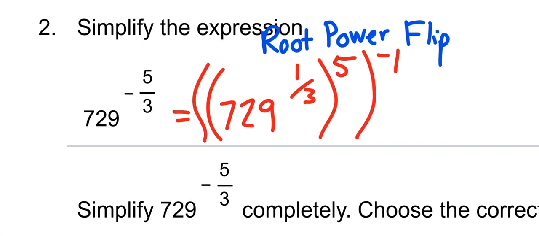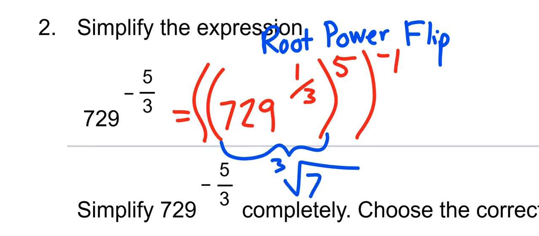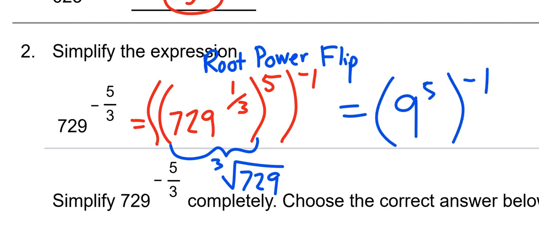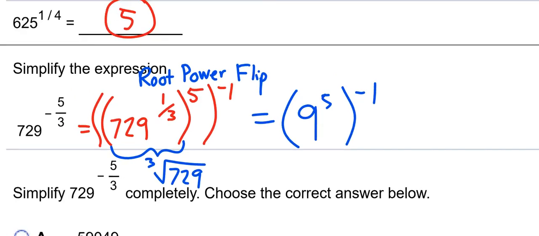Okay. Start with the inside. What is the cube root? Cube root of 729. That is 9. I'm telling you, if you do this a piece at a time, it's not too bad. 9 to the 5th power.